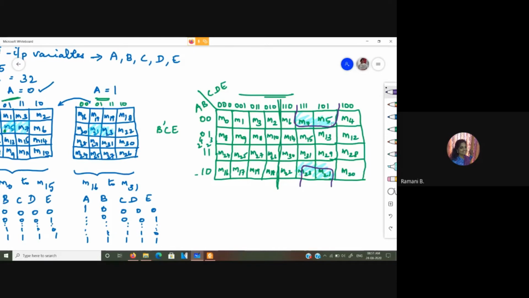One more thing is, if you are to see the adjacency, it is like folding at this point. Suppose I am going to have ones in 9 and 25 and 13 and 29. If I fold this, these four ones actually overlap, so that can form a group.